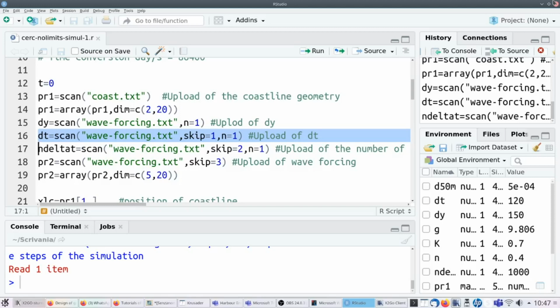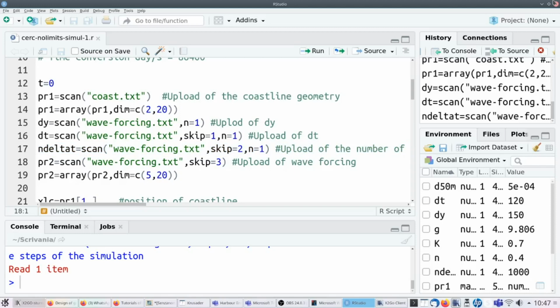I already read the y, so I don't need to read it. I need to skip that line where the y is reported, and then later on, in the third reading instructions, I have to skip 2 lines. And then in the other instruction, I have to skip 3 lines.